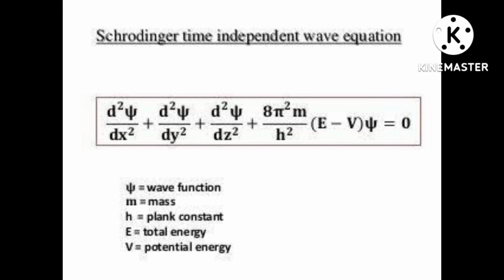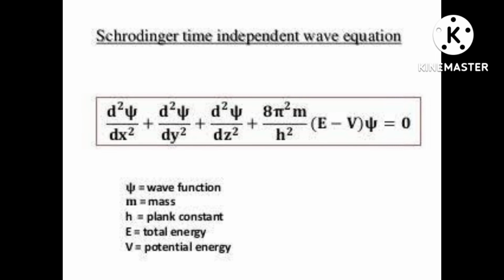Application of the Schrodinger equation to multi-electron atoms. Now I am talking about multi-electron atoms. A multi-electron atom presents a difficulty. It is not so easy. The Schrodinger equation cannot be solved exactly for a multi-electron atom.